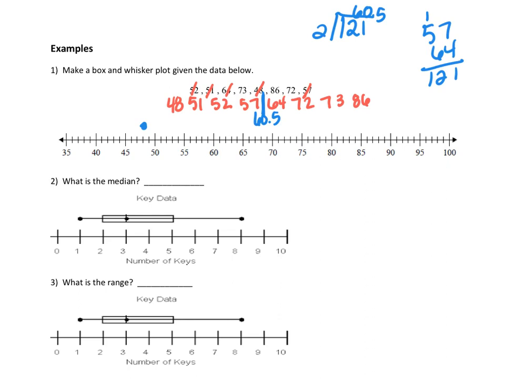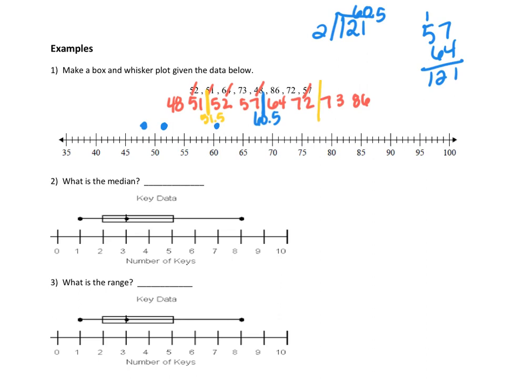Now, the median of my first half of data is going to be right here between 51 and 52. So what's that going to be? 51.5. So I'm going to put a dot on 51.5 right there. Then I have a dot on 60.5. Now, what's the median of my second half of data?